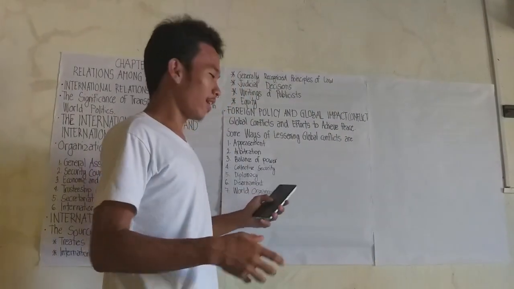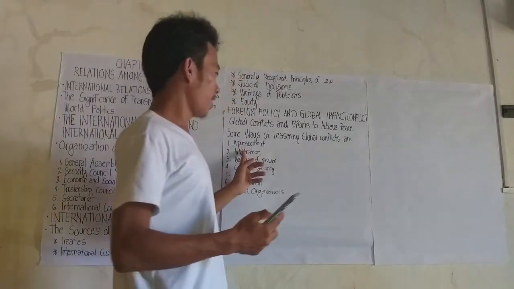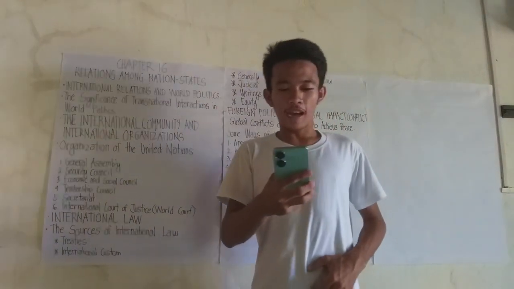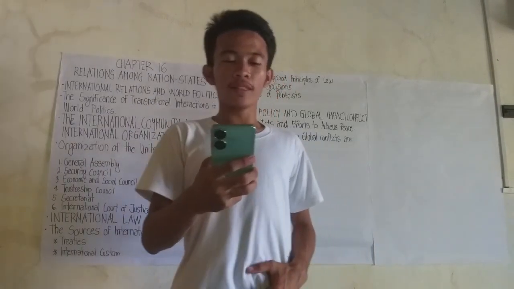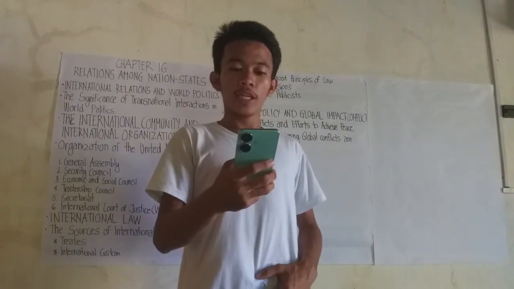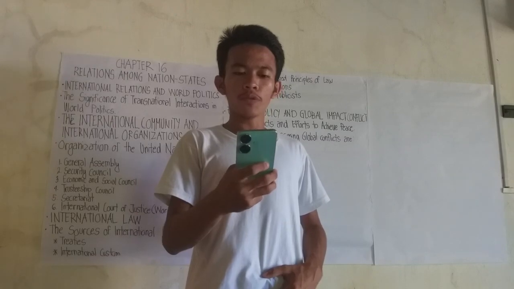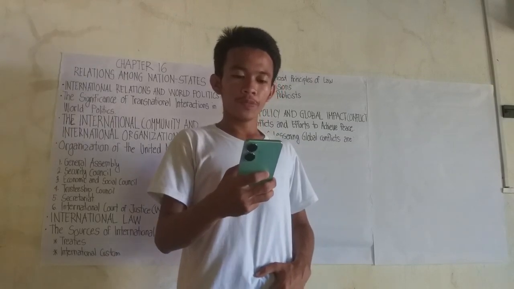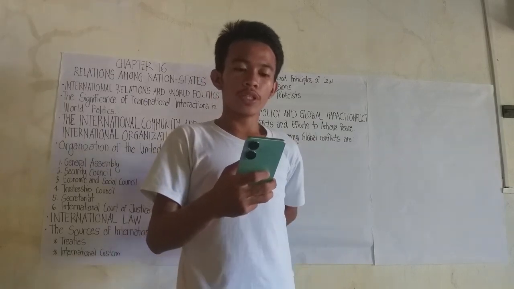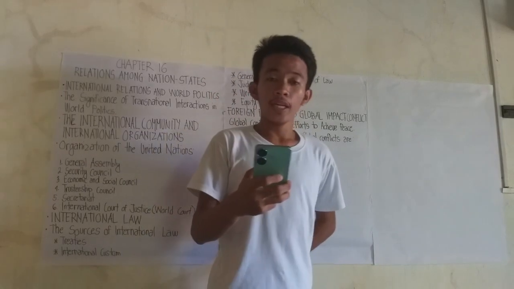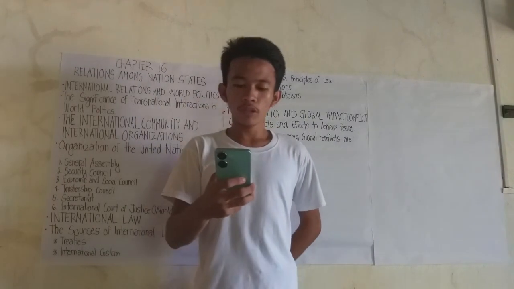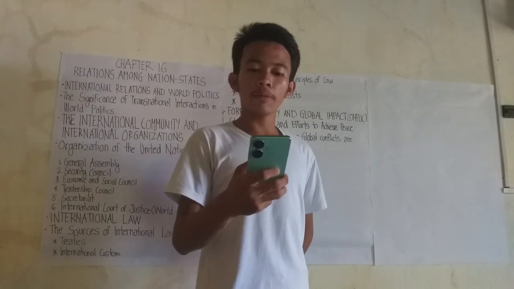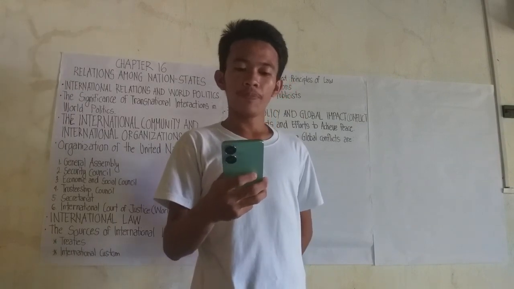So, moving on to the first one, appeasement. Appeasement refers to a diplomatic or political strategy employed by a country or group of countries to avoid conflict by making concessions to an aggressive or hostile nation. It involves giving in to the demands or desires of the aggressor in the hope of maintaining peace and avoiding war.